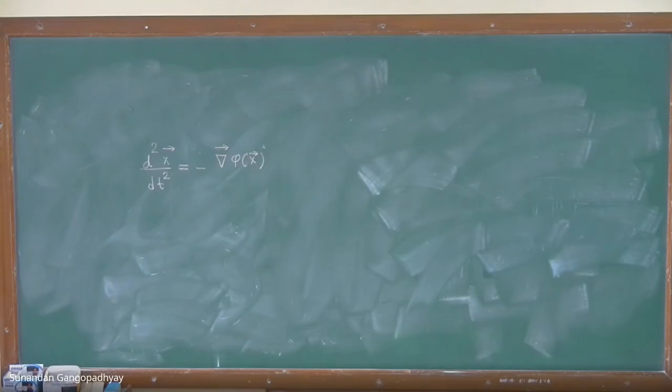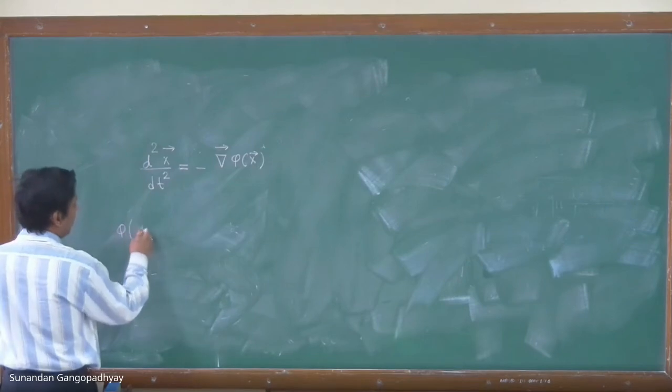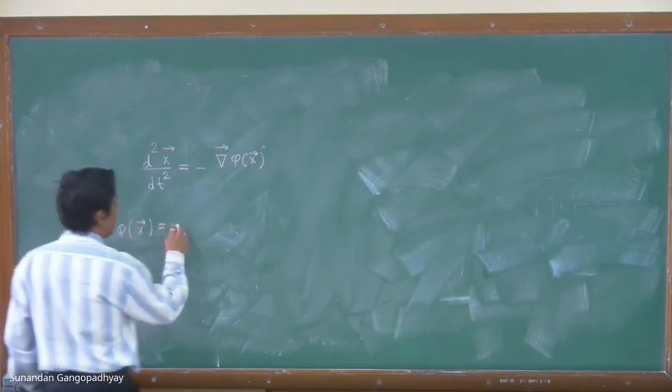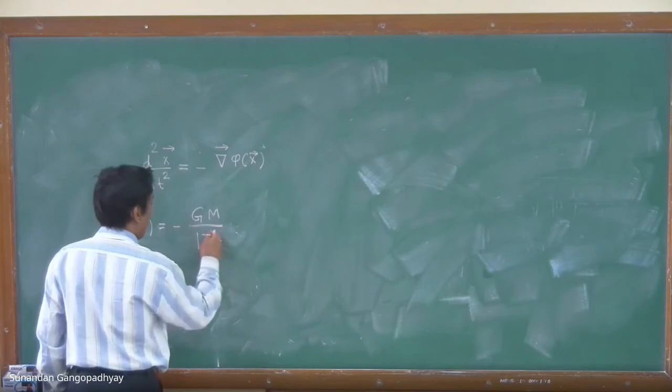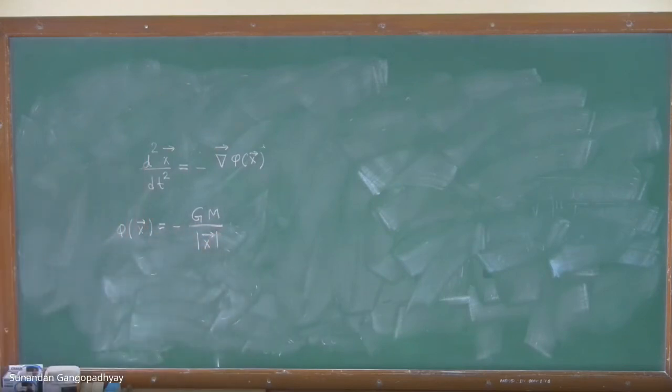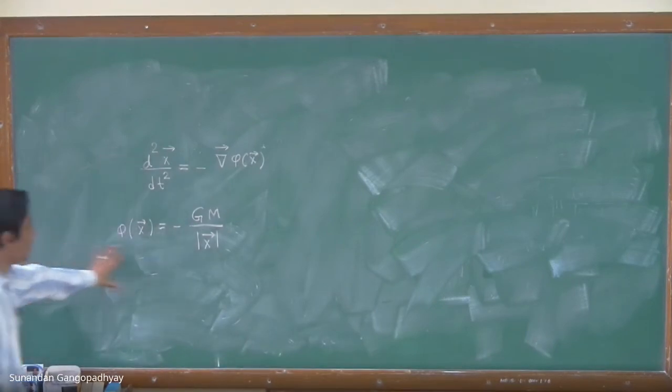And the important thing is that phi is a scalar potential. This is Newtonian gravity. The equation of motion is this, for the particle moving in this gravitational potential.